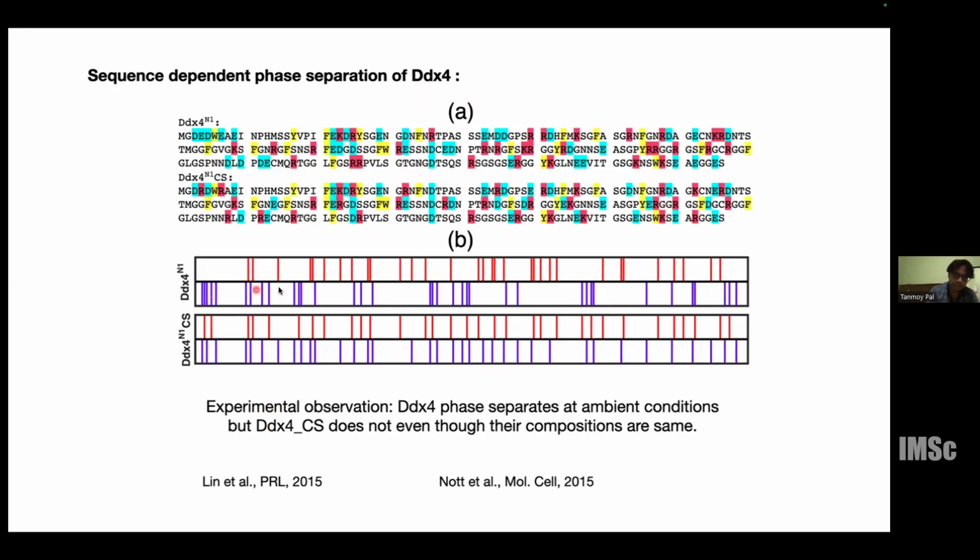So what happens is that in the wild type variant, the charges are blocky. These red and blue are positive and negative charges. But in the charge scramble variant, they are evenly spaced. So this was one of the first pieces of evidence to show that it is actually the sequence, not the net charge, that matters for phase separation.